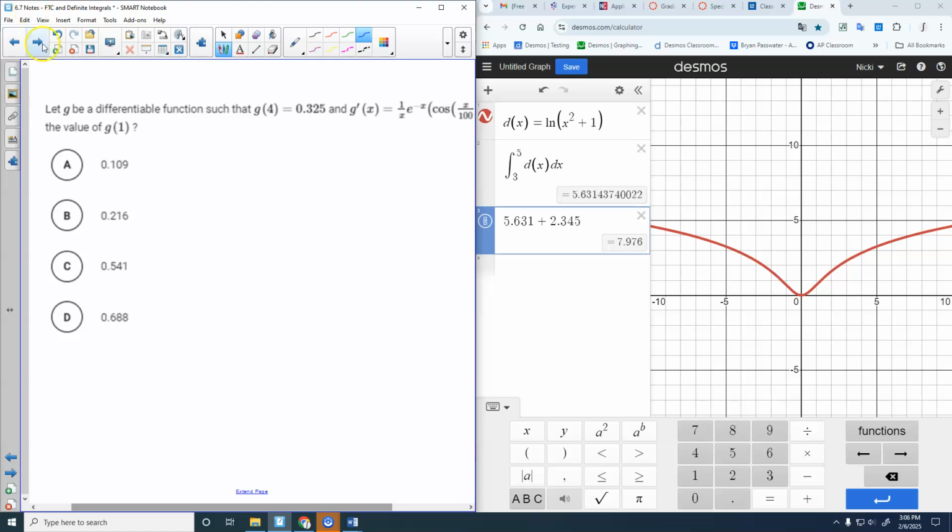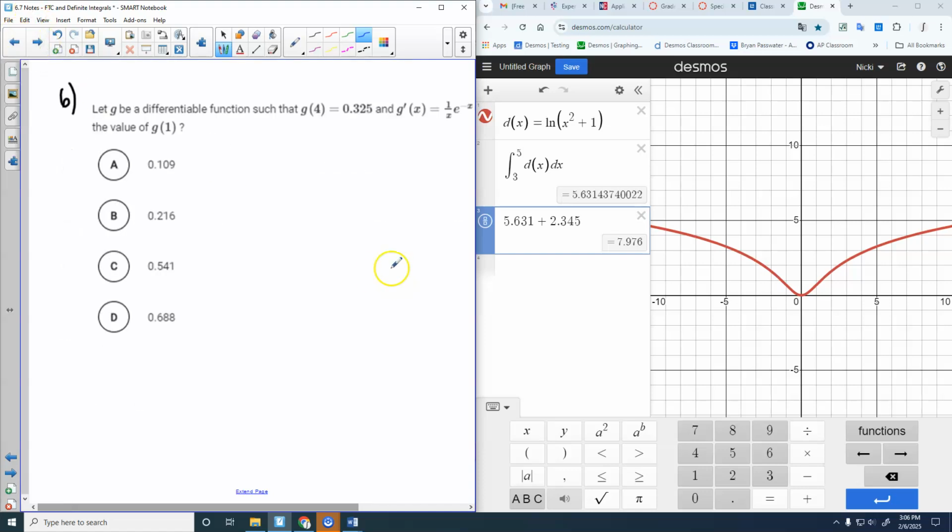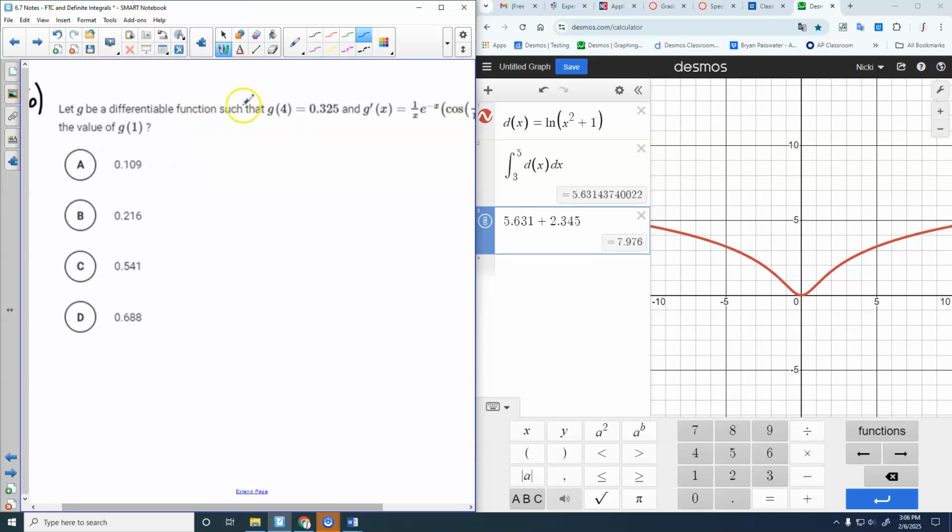And let's see. Okay. This last one is very similar to the one we already did. They give you g of 4, and they're asking you to find g of 1. It's a calculator active problem, so I'm not going to go through the whole thing, but because you've got g of 4 and g of 1, I would set up the integral from 1 to 4 of g prime of x dx.